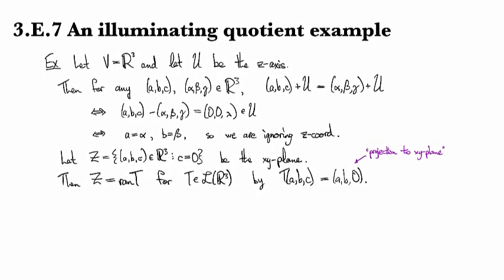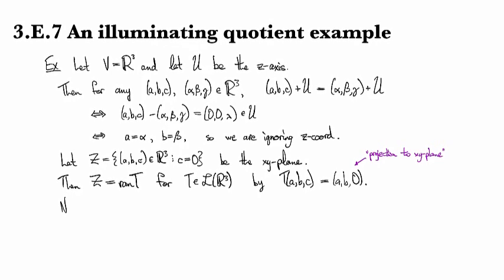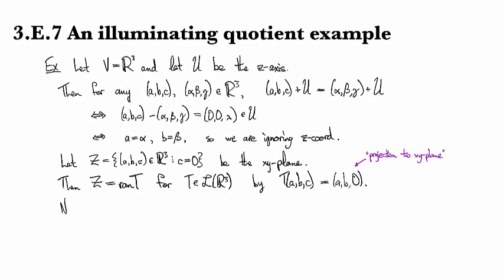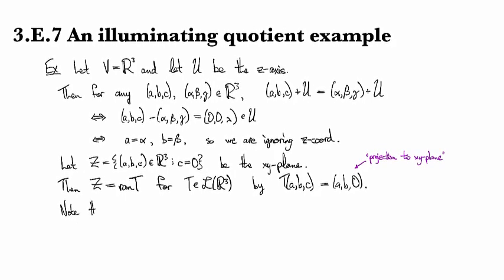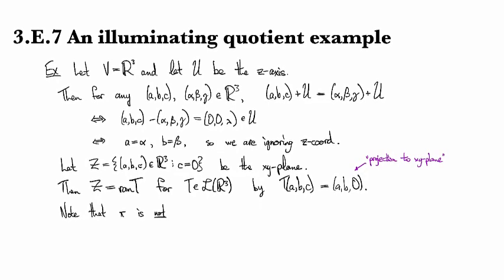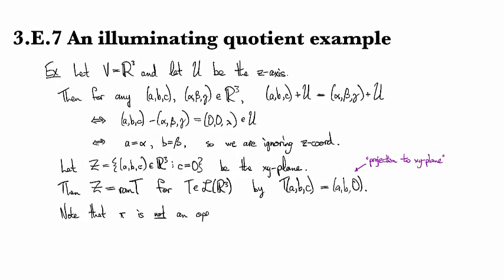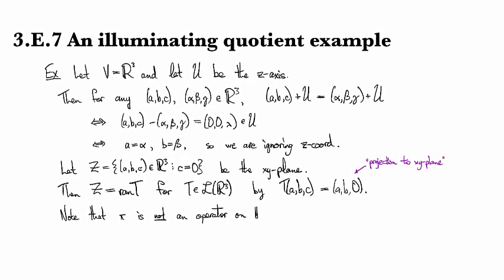Okay, so note the distinction here. I'm trying to distinguish between the quotient map pi and the projection map T. So note that pi is not an operator on R3 like T is.